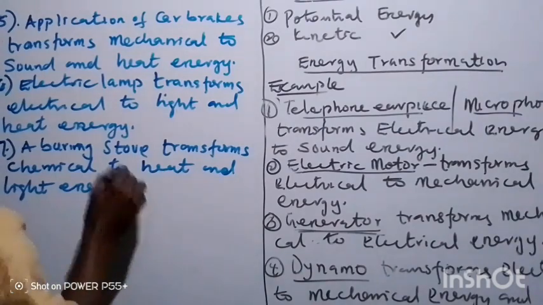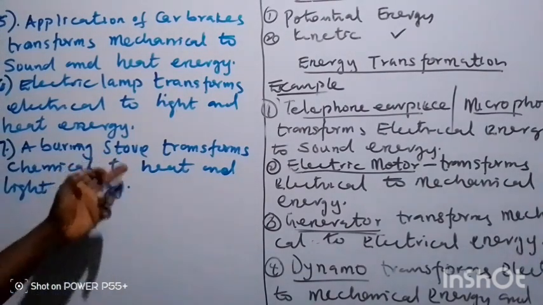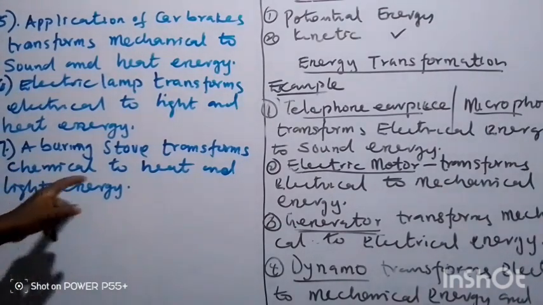That is, when a stove is being lighted, it will transform the chemical energy within the kerosene or anything you use as source of energy to heat and light energy.